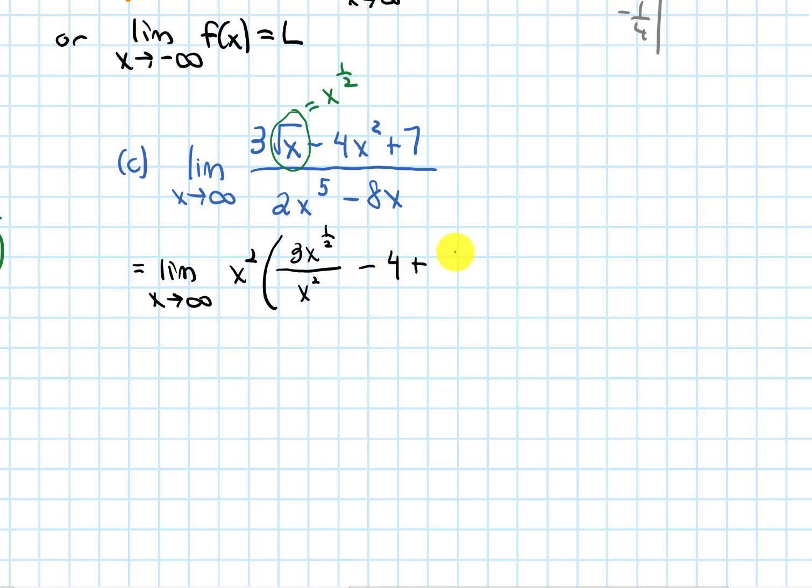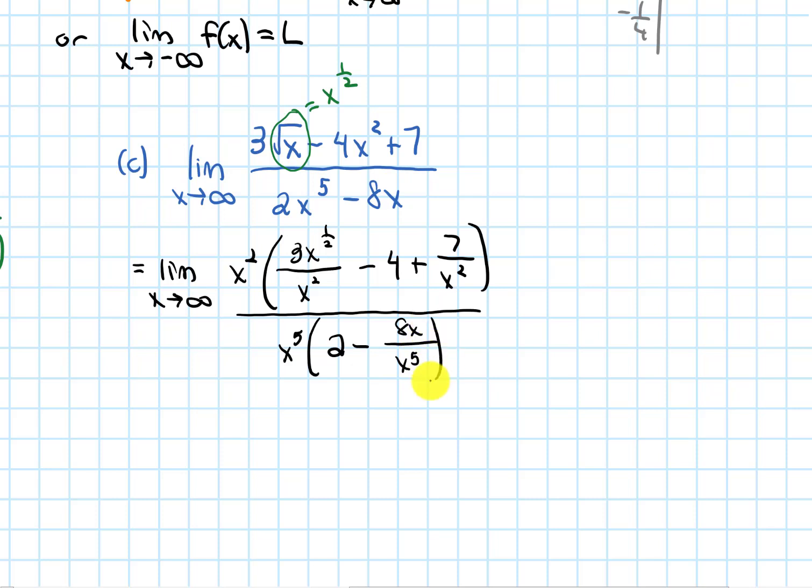And then from the last term, plus 7 over x squared. On the denominator, let's take out an x to the 5. So from the first term, that'll leave me with a 2. And then from the next term, if I couldn't see what's going to be left over without simplifying, I could write it as 8x over what I just took out, over x to the 5.